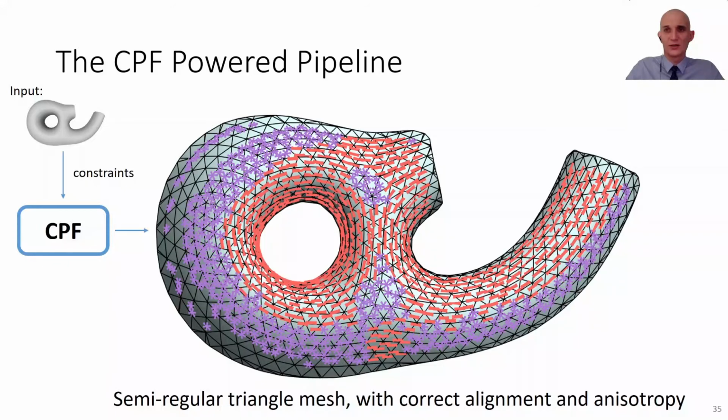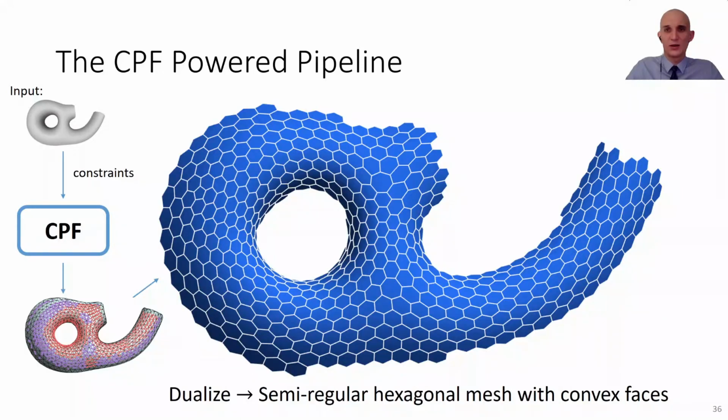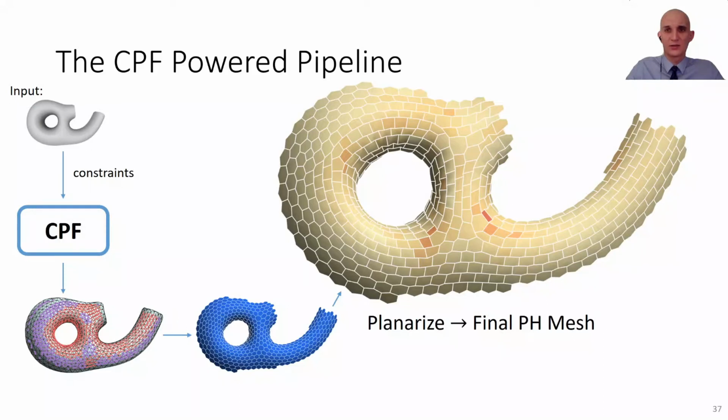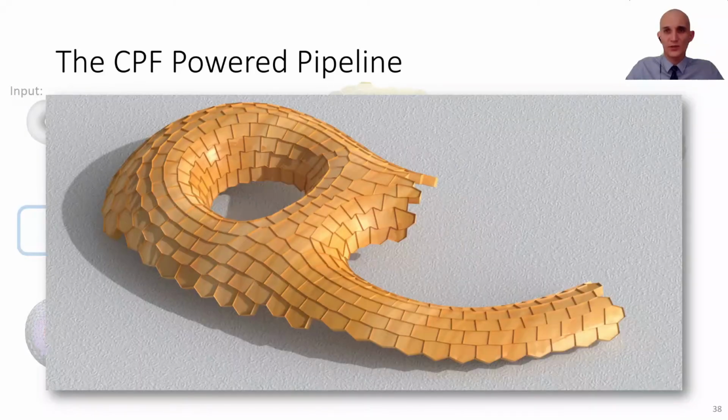So it is clear that the triangular edges follow the input direction. Then we dualize this mesh, leading to a semi-regular hexagonal mesh with convex faces. Finally, we planarize this mesh using a standard planarization method, leading to our final PH mesh. We can then compute a phase offset mesh for various purposes.